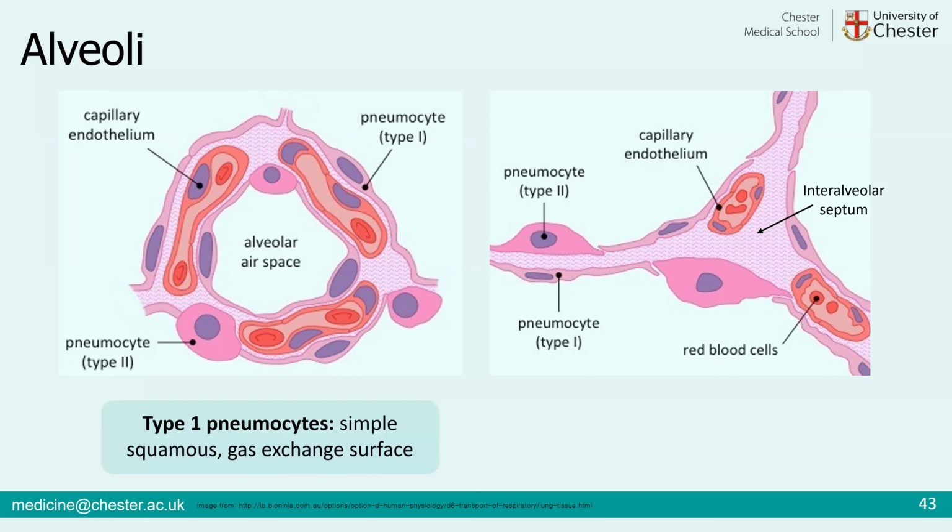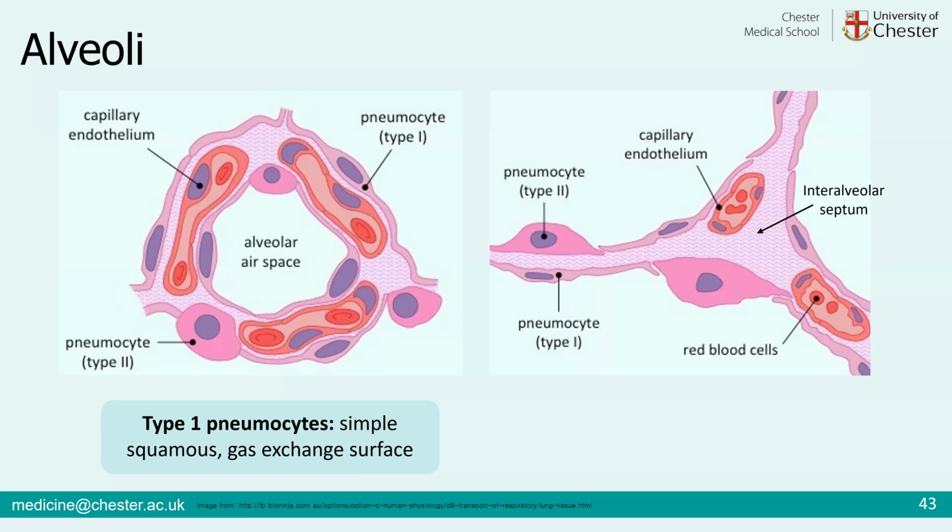The word pneumocyte just refers to the epithelial cells of the alveoli. Type 1 pneumocytes, as you can see in the diagram, are simple squamous. So you can see oval, flattened nuclei, and then very, very little cytoplasm that's spread thinly out. So it's a very elongated cell, but creates a very, very thin cell width for movement of gases across it.